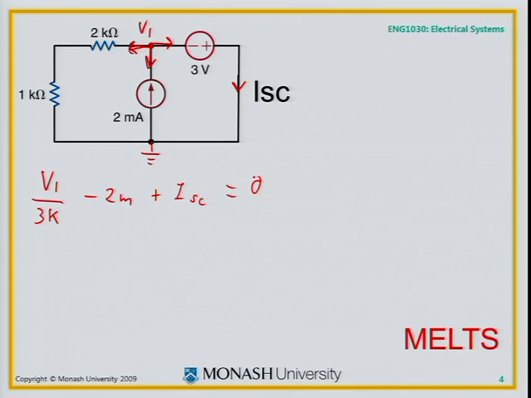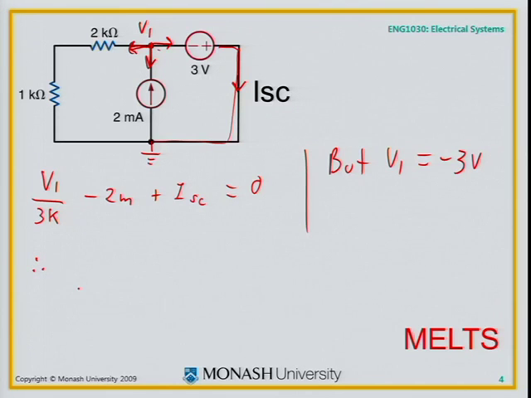Hang on, but what's V1? There's a voltage source between ground and that node. It is minus 3 volts. If I trace up here, I go zoom, zoom, minus 3, and I'm at V1. That's like nodal analysis when there was a voltage source between ground and the node. V1 is minus 3 volts.